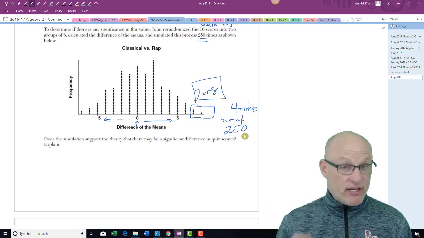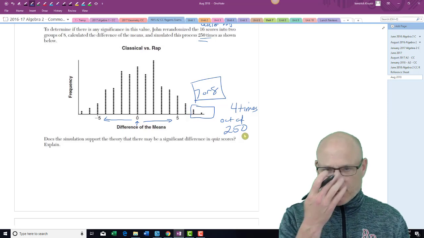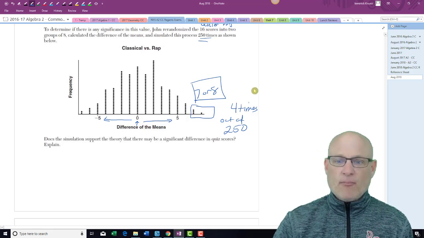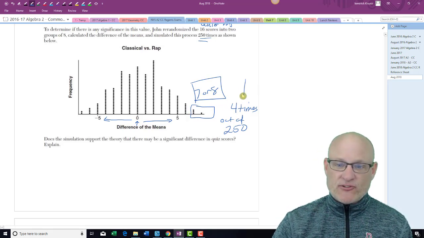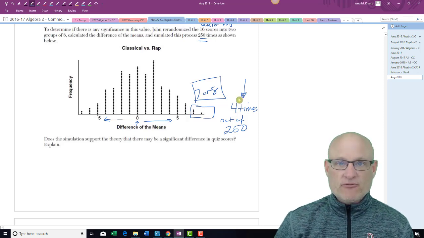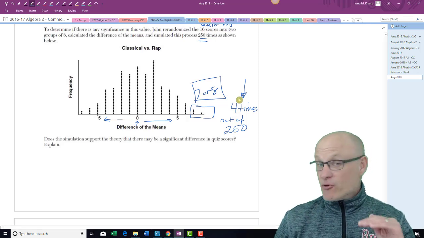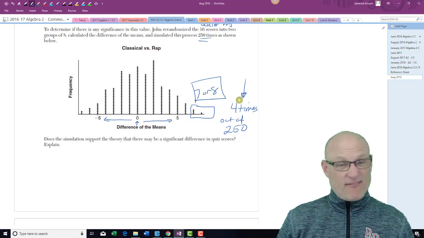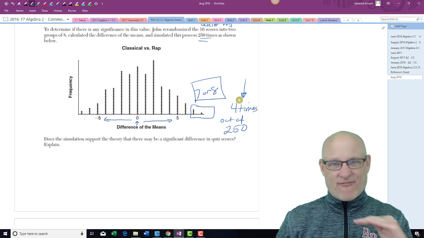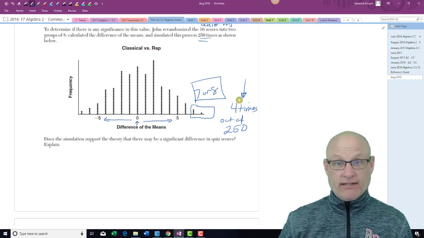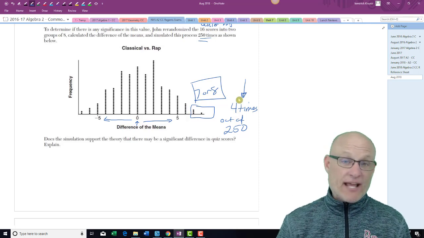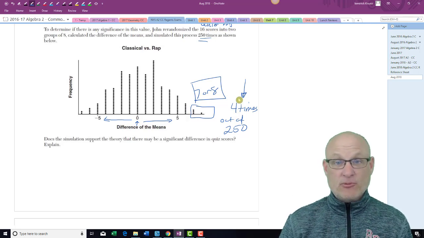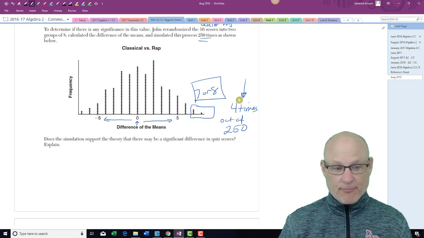Then we would only see this difference 4 out of 250 times. That's not very likely. So if there is no difference, this difference of 7 should never, ever happen. And yet it did. And the only reason you can account for it happening is that there is a difference between listening to classical music and rap music.